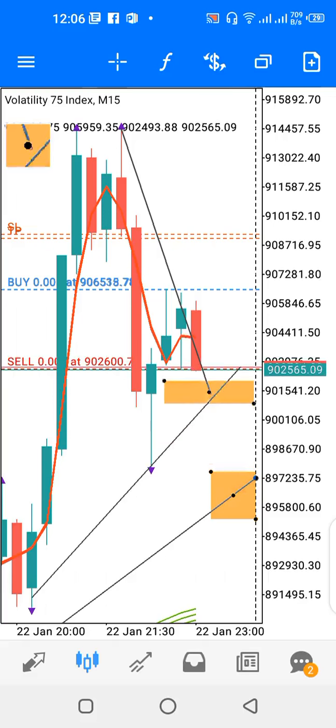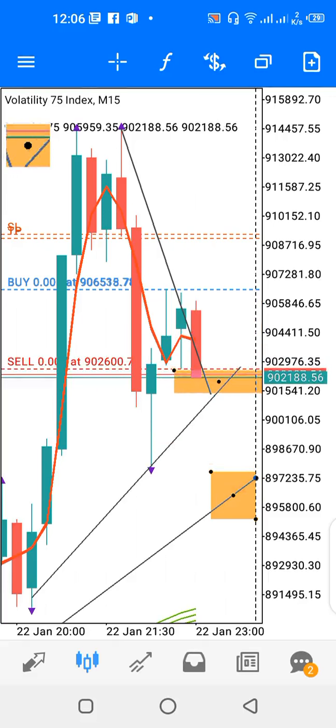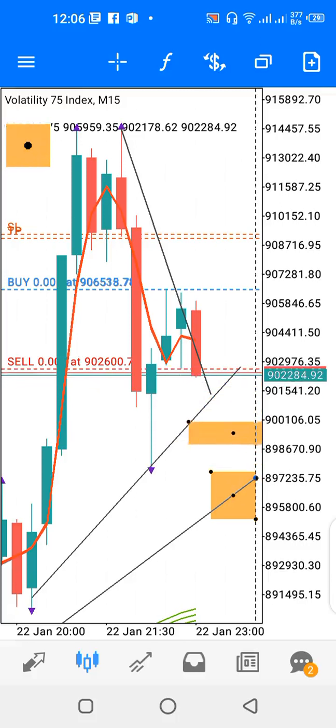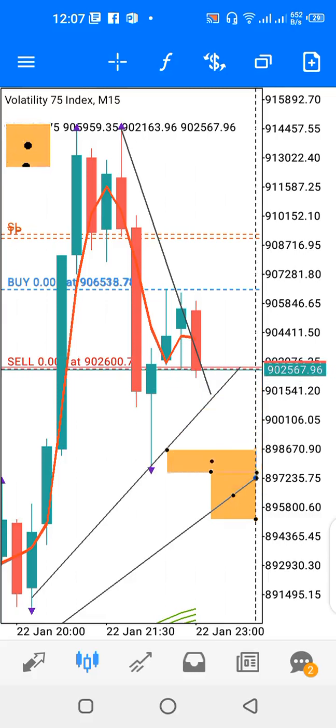As it is right now, price has now broken below the low of the previous candle, which is an indication that we are having a reversal. Now if price closes around this level, I'll be having a bearish engulfing, which will not be good for my edge trade.